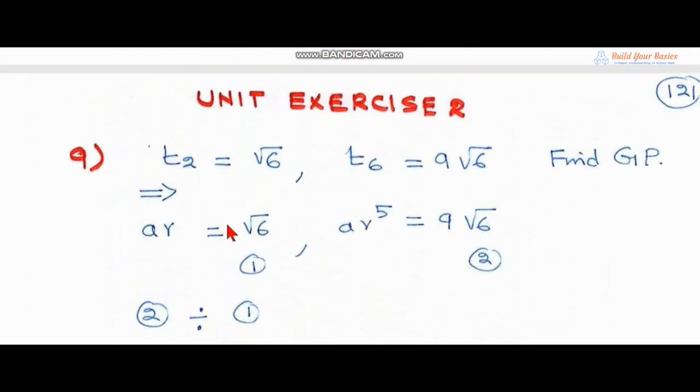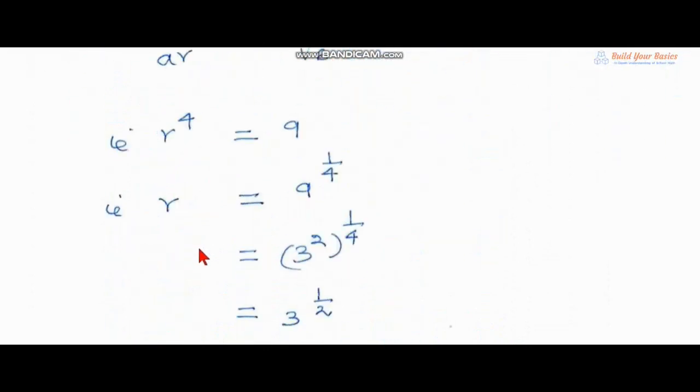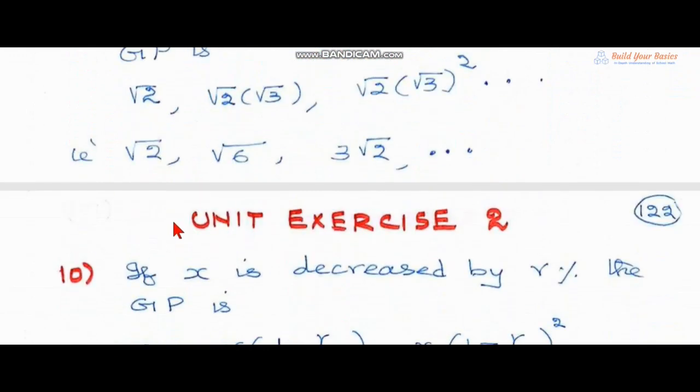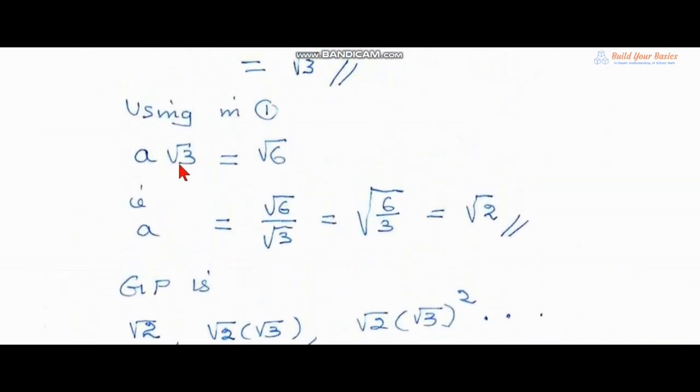AR equal to root 6, so A into root 3 is equal to root 6. So A equal to root 6 by root 3. We can put under a single radical. Root 6 by root 3 is root 6 by 3, that is root 2. So we have got A, we have got r.